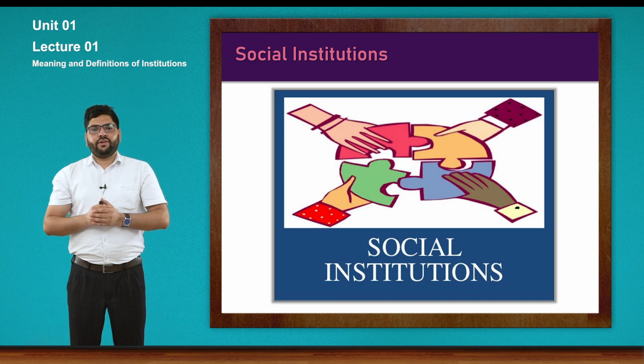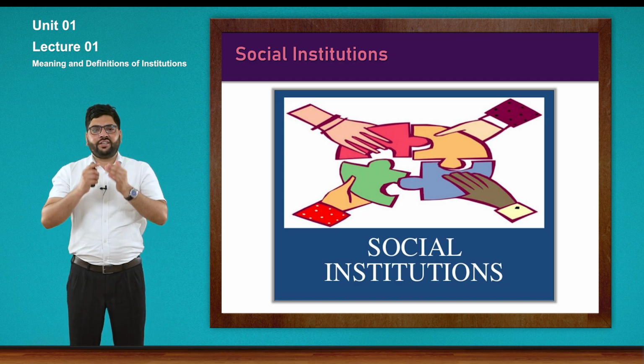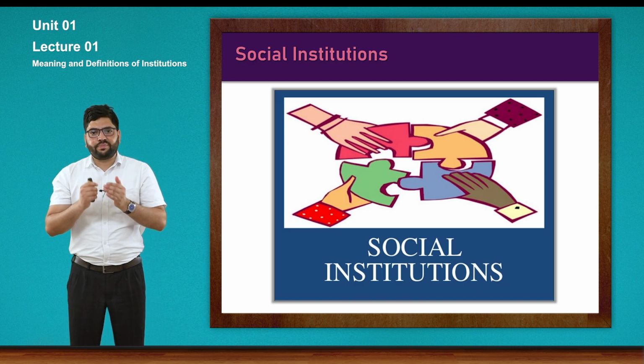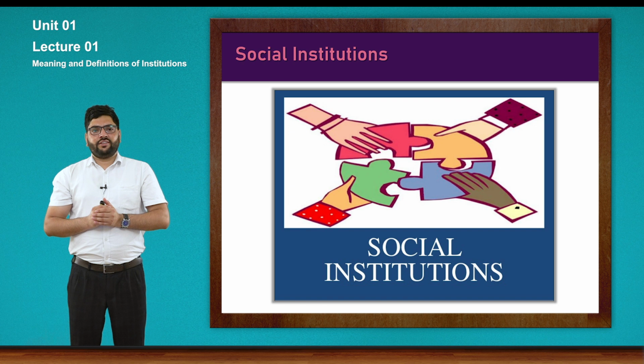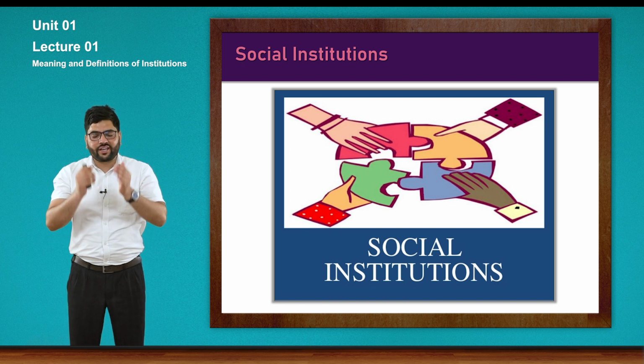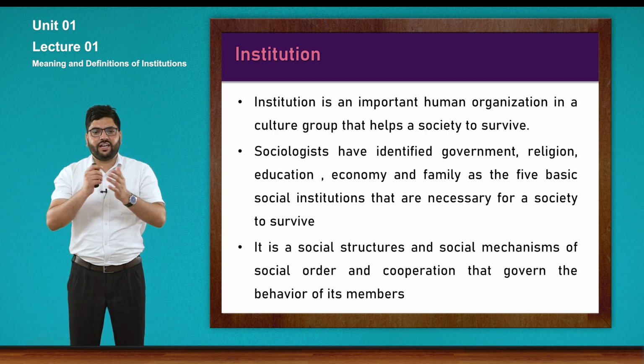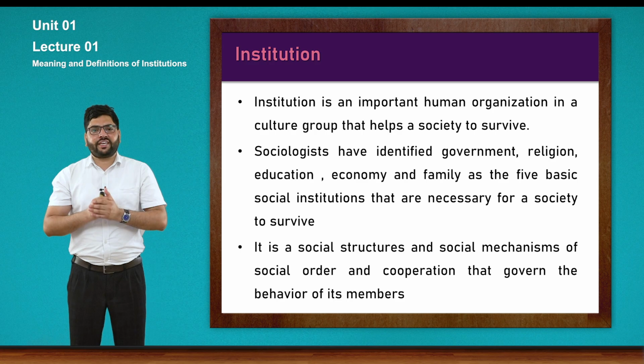So if we are going to have a deep look into the concept of this institution, I am saying that here it is an important human organization of what? Human organization within the culture. What do we mean by culture?